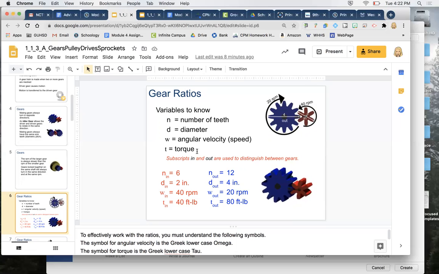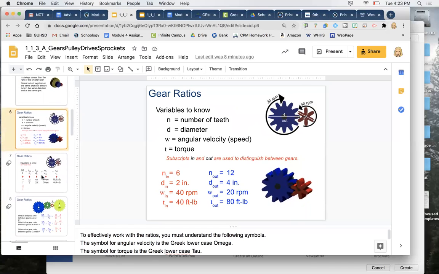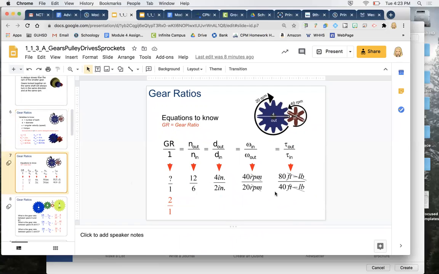What's really nice is that given really any of these four, you can calculate a gear ratio. Let's go on and see the equations, because there is one that should stand out. Our gear ratio is equal to N out over N in, where N is the number of teeth, so you always take your output over your input for the number of teeth. Output over your input.